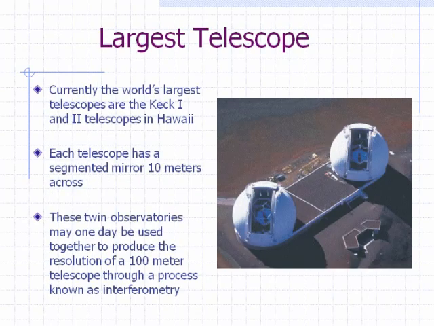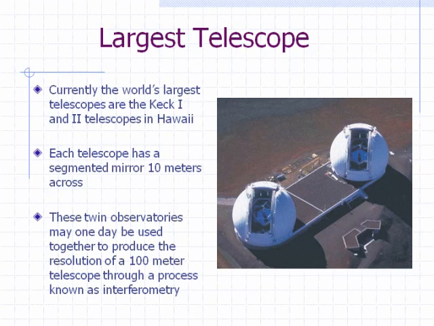Again, here's another view of the Keck telescopes, this from up above. They're actually a pair of telescopes, and each has a huge diameter of 10 meters across, which means they have a tremendous amount of light gathering ability, but they're also very high in resolution.